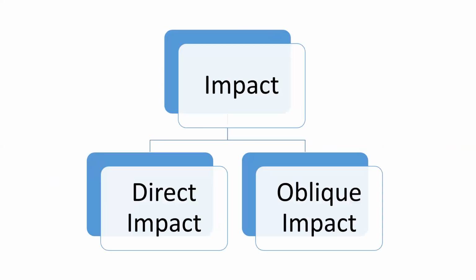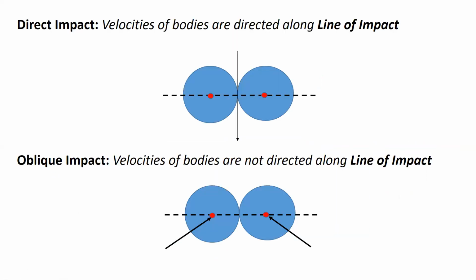So impact is classified into two types. The first is the direct impact and the second is the oblique impact. So let us see the meaning of direct and oblique impact. In case of direct impact, the velocities of the bodies are directed along the line of impact.